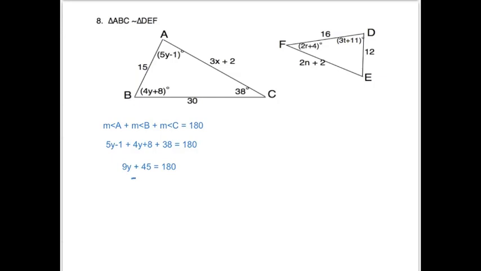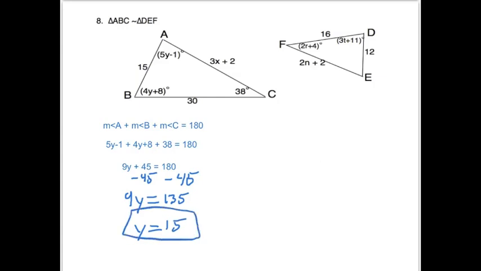If we subtract 45 from both sides, and then divide both sides by 9, we get that Y is equal to 15. And so that piece of information is kind of a linchpin, sort of a key to finding out a lot of other side lengths. Sorry, not side lengths, angles.